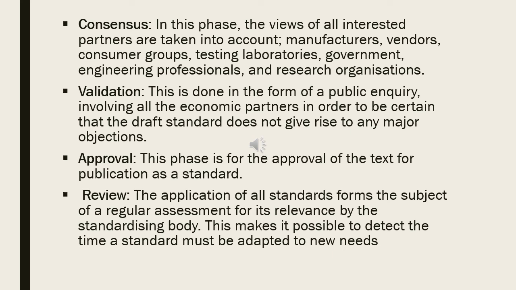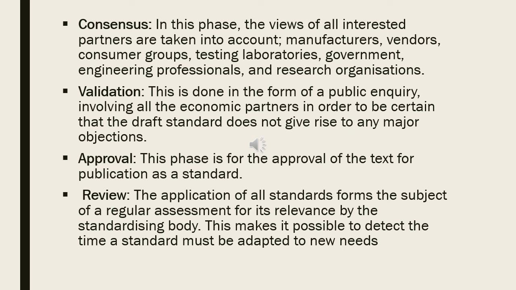In phase 4, we call it consensus. As we have seen, when developing a standard, we said it is a document which is published after consensus. So in number 4, we have consensus now. In this phase, the views of all interested partners are taken into account.